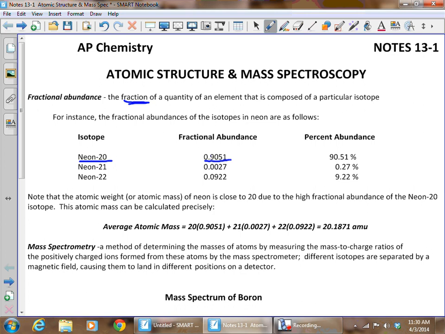That simply means that of the naturally occurring neon on Earth, 90.51% of it is neon 20, 0.27% of it is neon 21, and 9.22% of neon is neon 22. That has a mass number of 22. So again, these fractional abundance values are simply a percent without the times 100.